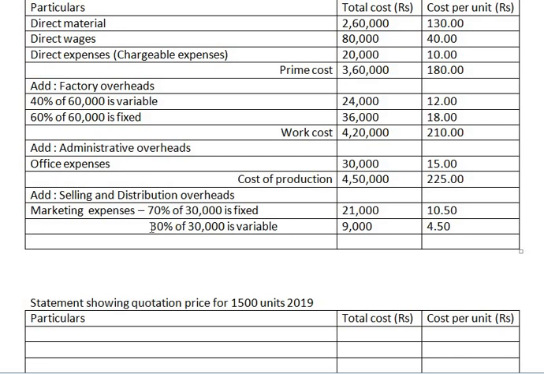Okay, yes. Now find out cost of sales. Four lakh 50,000 plus 21,000 plus 9,000.